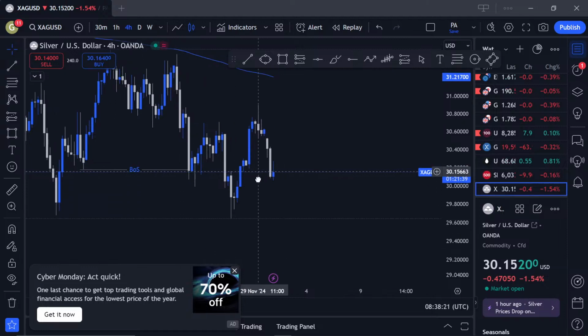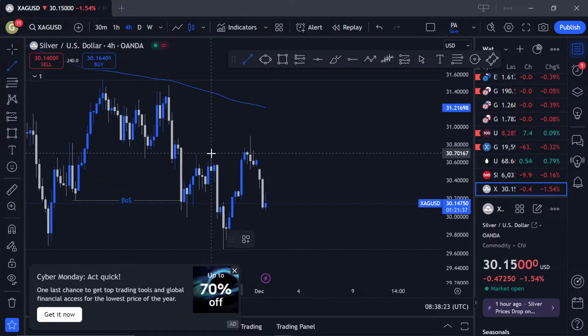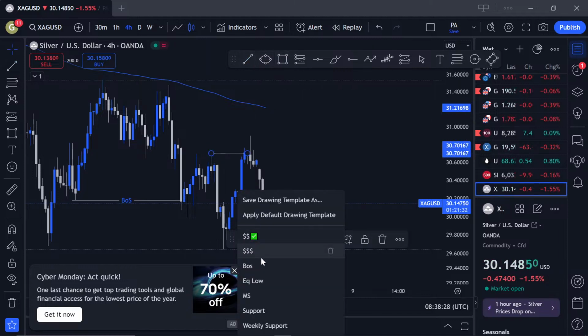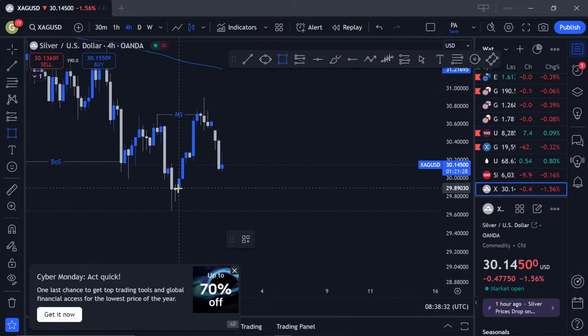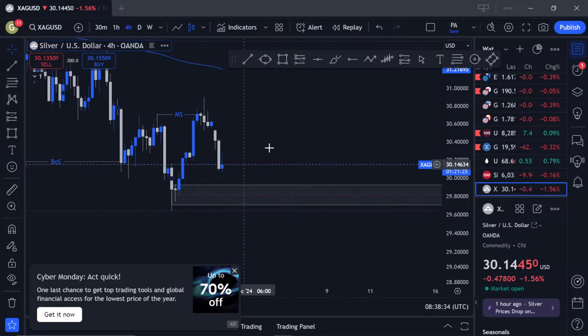And then gave us a market shift to the upside right here. If you look at it, you see a market shift to the upside. This market shift was powered by this area here.